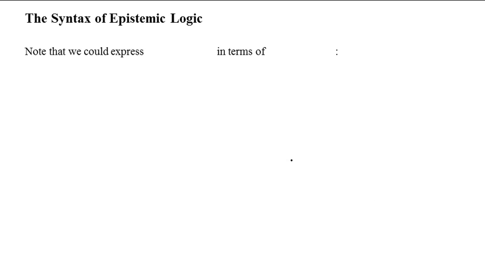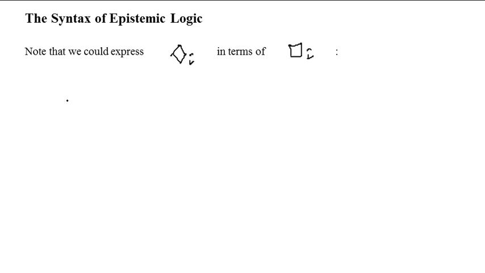So here's a little bit of an extra explanation of these new connectives. Notice that we could express the diamond connective with agent I in terms of the box connective. That is, we can express the idea that agent I thinks that something is possible in terms of the idea that agent I knows something. Now, of course, this is a matter of whether you accept this definition or whether this is reasonable in a given situation.